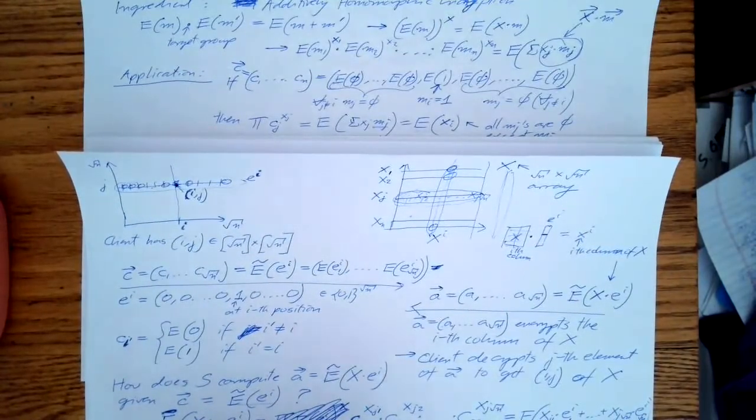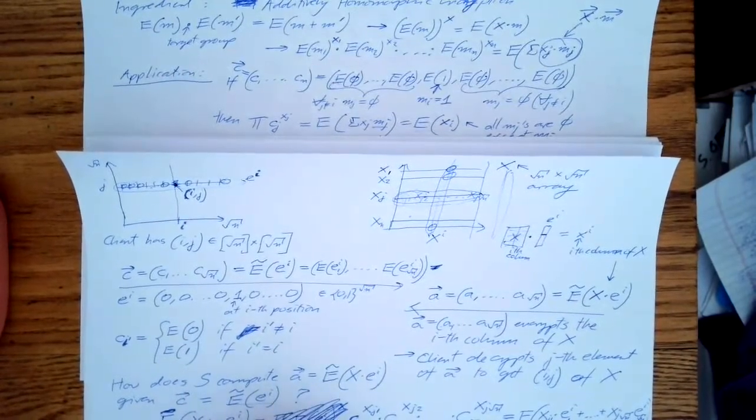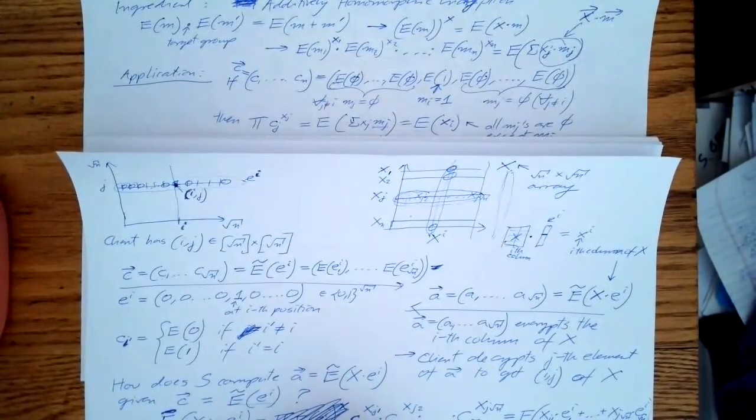So as of now, this is not symmetric private yet. So C gets the whole ith column this way, if he wants.